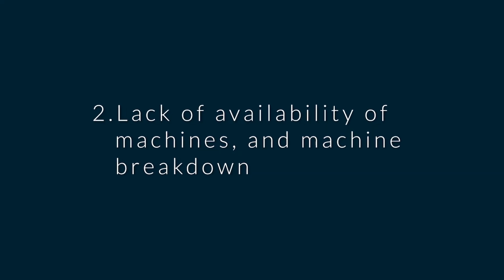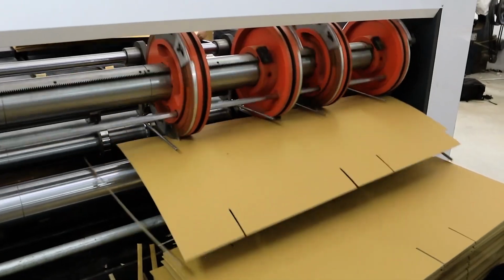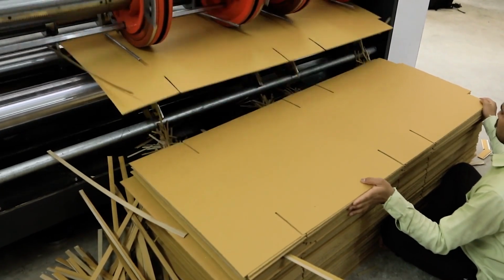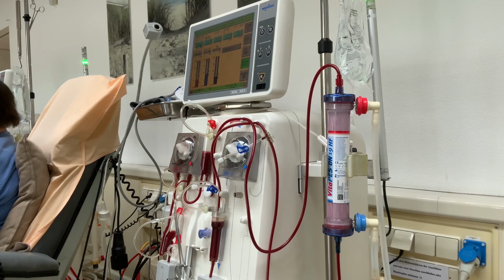Number 2, lack of availability of machines and machine breakdowns. So not having the machine, or even having machines and still it breaks down, that can still affect you. In this case, you're talking about things like a production machine for manufacture, a ventilator for a hospital providing emergency services. If you recall during the pandemic, the 2020 thing, one of the problems that most hospitals were having was either they ran out of oxygen or they didn't have enough ventilators.